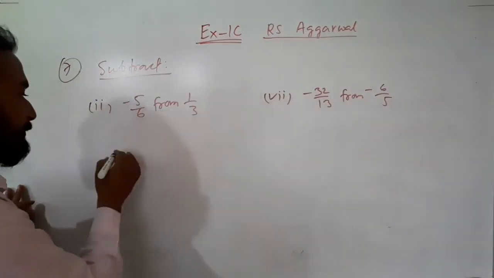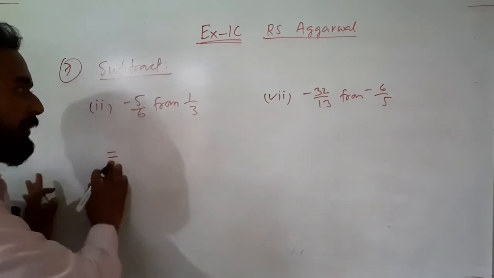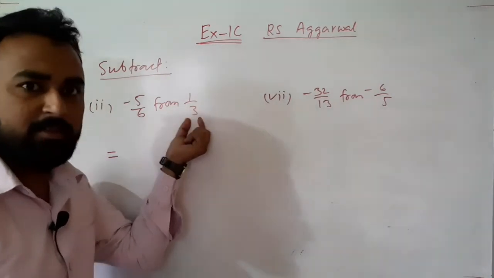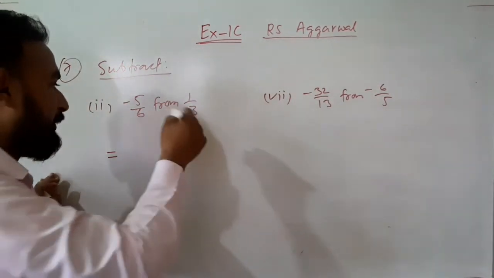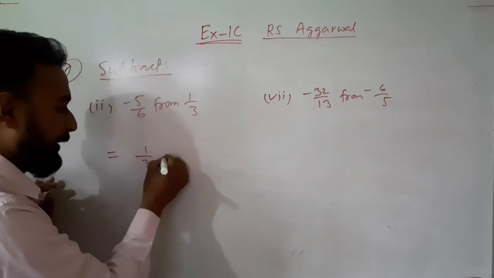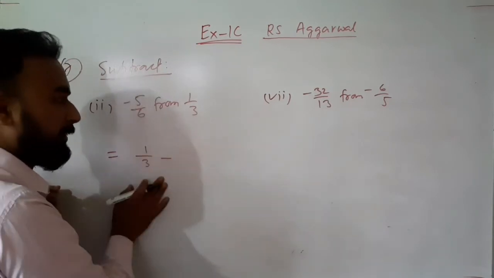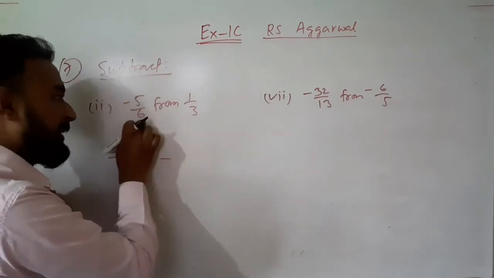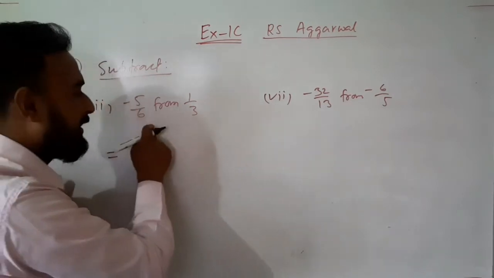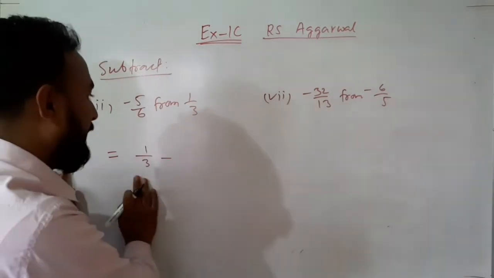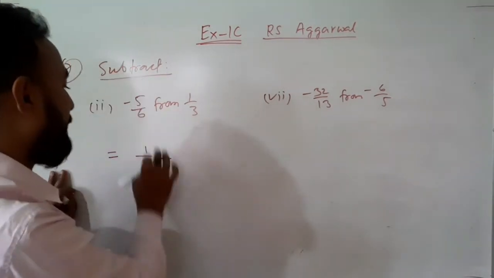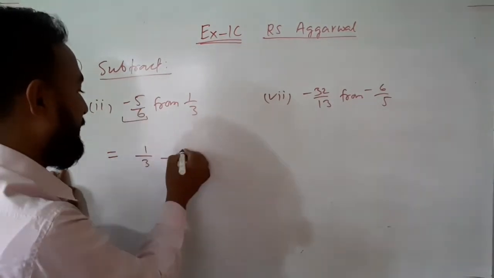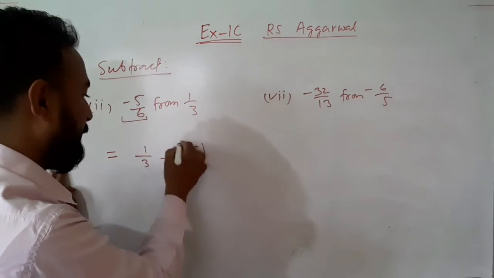Here you have to keep one thing in mind: the number which comes just after the word "from" has to be put before the minus sign. Because if you understand, minus 5/6 has to be subtracted from 1/3, so 1/3 comes first, then the minus sign for subtraction. And since the number is already given with a negative sign, you have to put it in brackets.